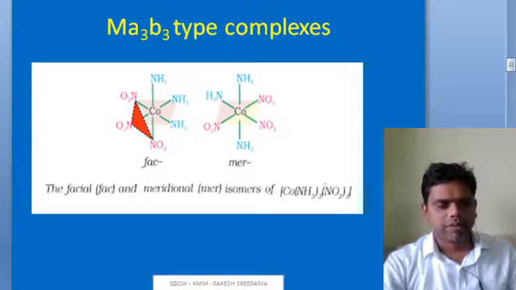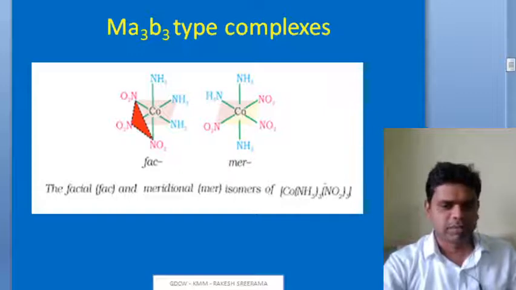Now if you arrange the A type of ligands in such a way that they fall on the same face, then it is referred to as a facial isomer. And if the same kind of ligands, A type of ligands, fall on the same plane, then it is a meridional isomer.